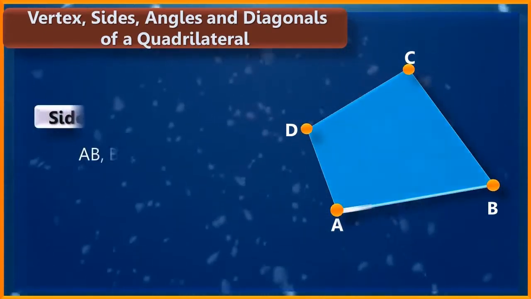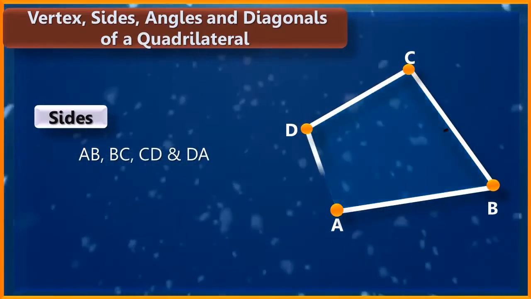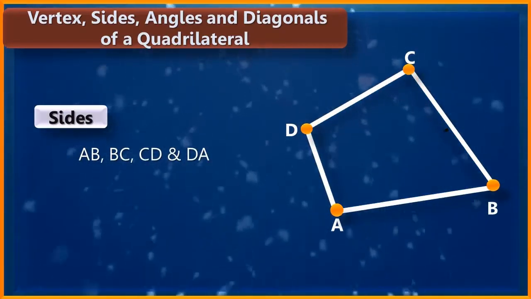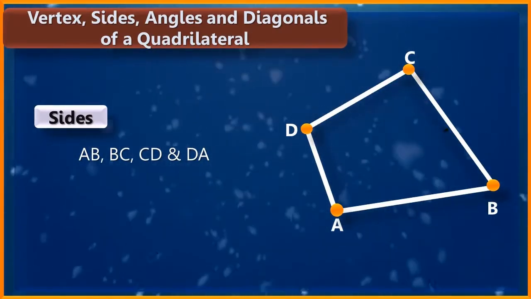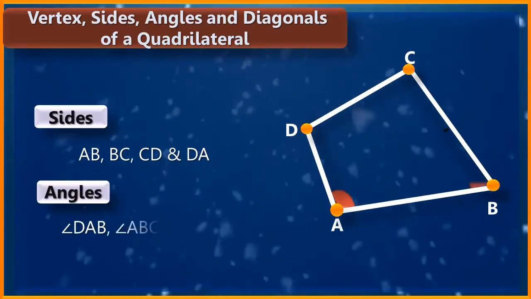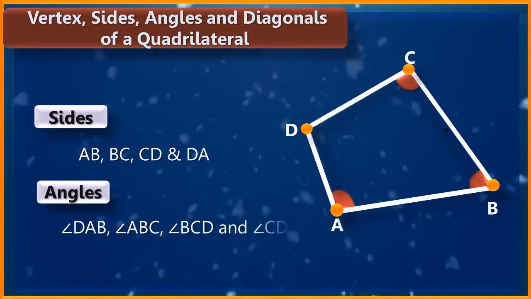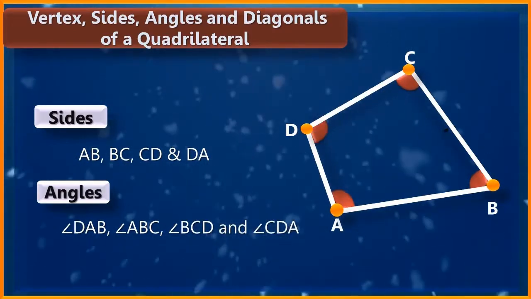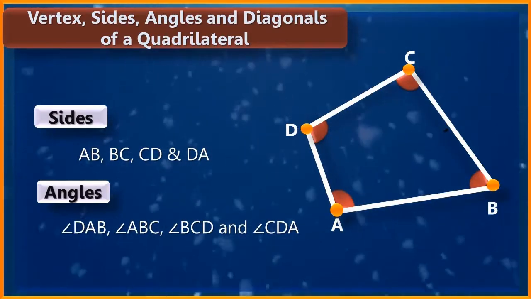The four line segments AB, BC, CD, and DA, which form a quadrilateral, are called sides of the quadrilateral. The four angles, angle DAB, angle ABC, angle BCD, and angle CDA, are called its angles.